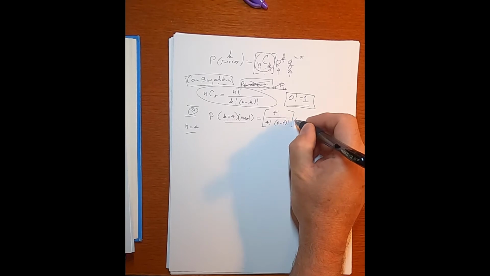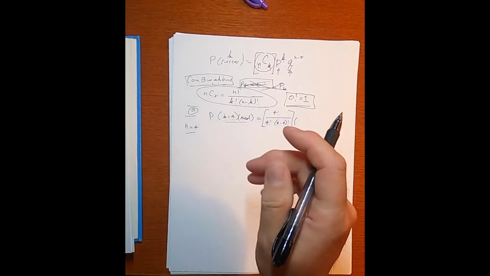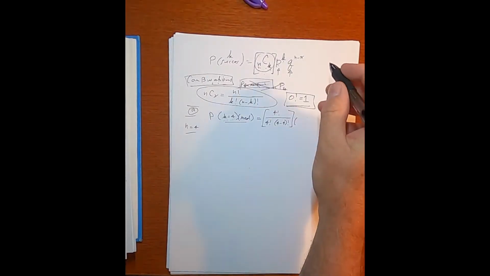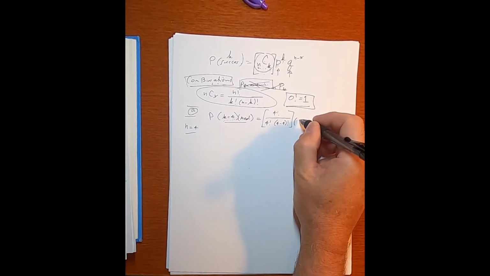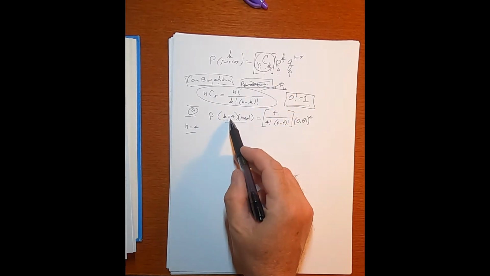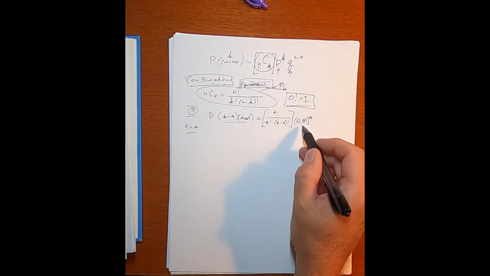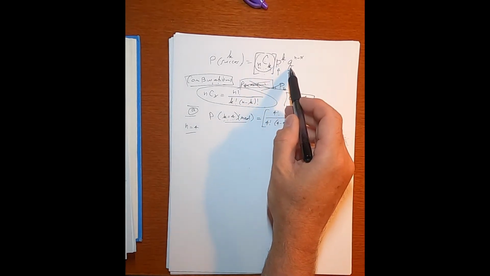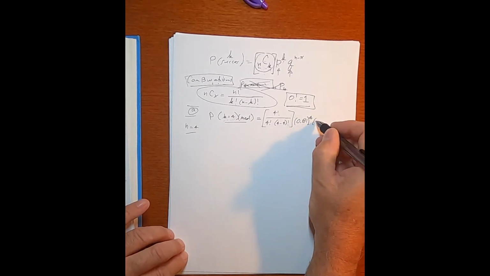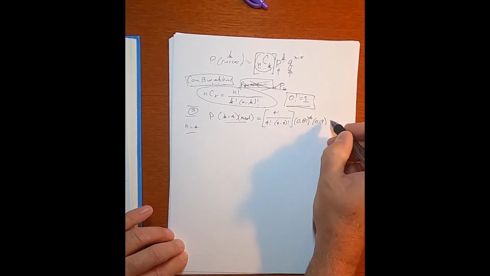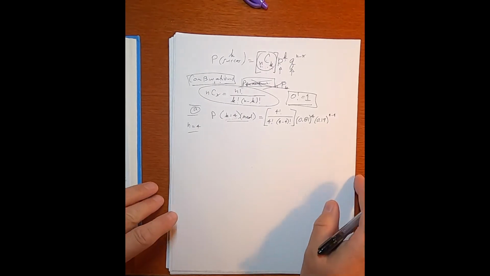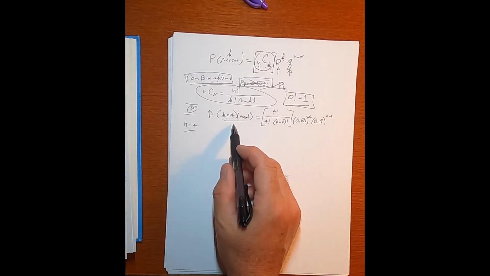So what's the probability of success? Well, the probability of success here is 81% of incoming calls are for medical help. So that's 0.81 raised to the 4th power. k is 4. And then q is the failure probability, so 1 minus 0.81, which would be 0.19, raised to the (n minus k), 4 minus 4. So there you go, and that'll give us the probability.